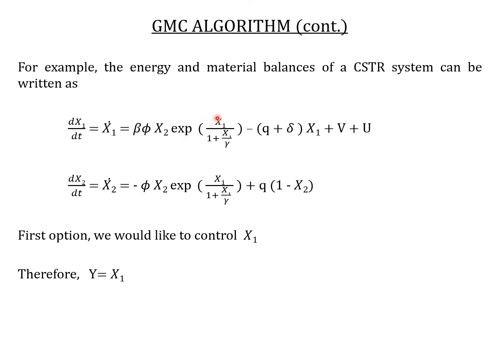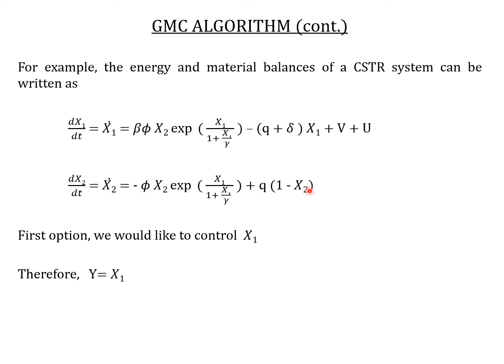It doesn't have to be, it can be any ODE system, and these two variables x1, x2, as I said, represent temperature and concentration, and this is the ODE. If we do the mass balance of the CSTR, this is what we get in dimensionless form, and this is what we get for concentration in dimensionless form. So we have two options now.